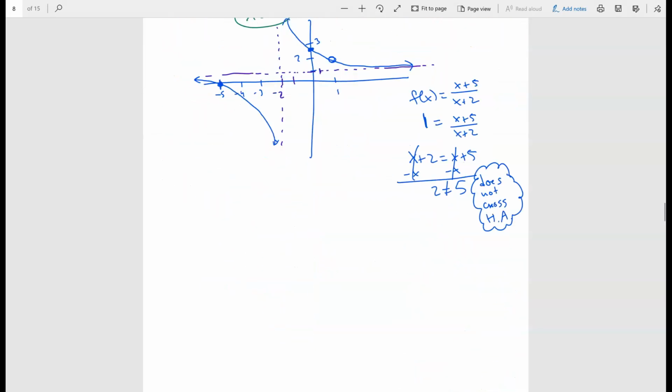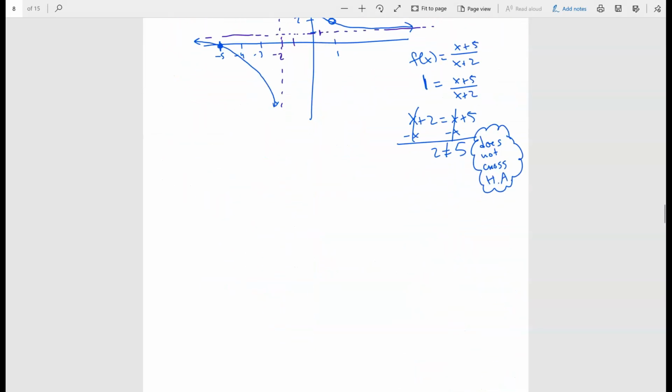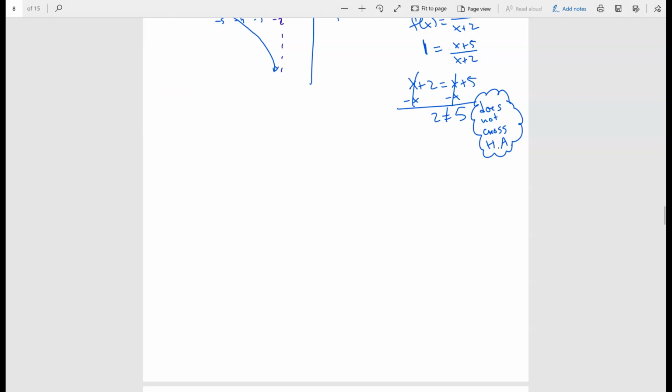Okay. All right. So let's do another problem with the hole. So let's say you had f(x) is equal to (x + 1)(x² - 1)/(x + 1).